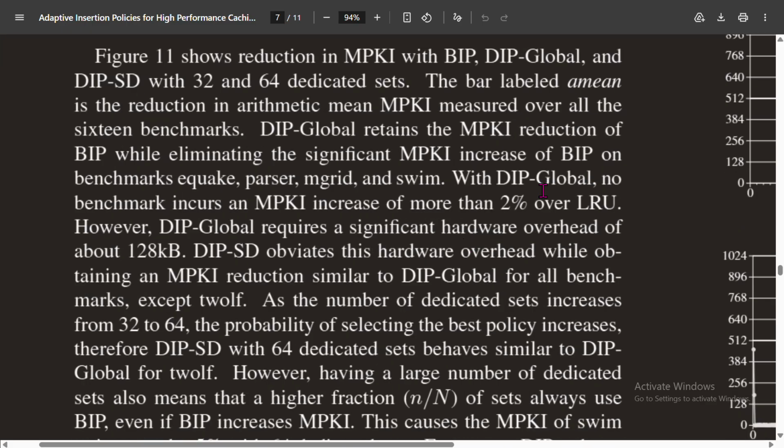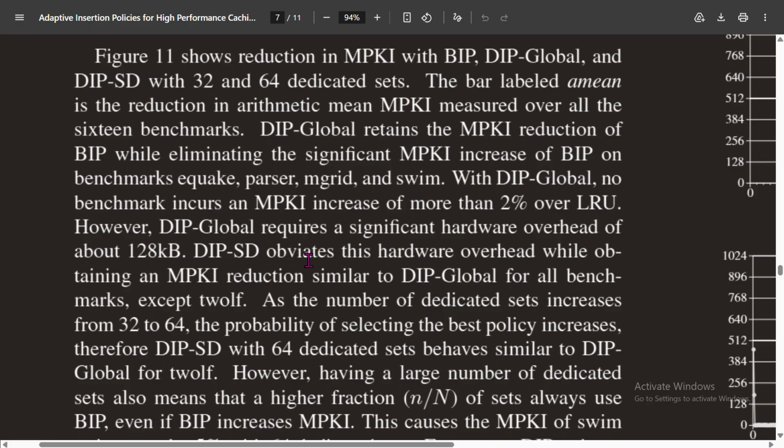With DIP Global, no benchmark incurs an MPKI increase of more than 2% over LRU. However, DIP Global requires a significant hardware overhead of about 128 kB.